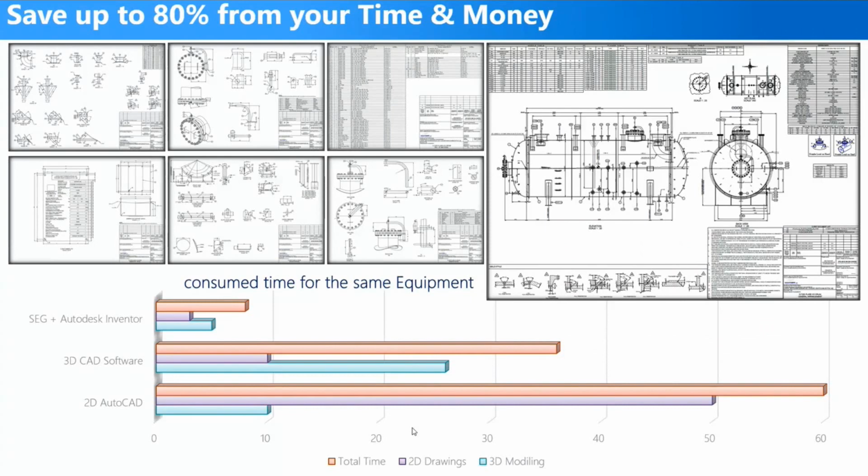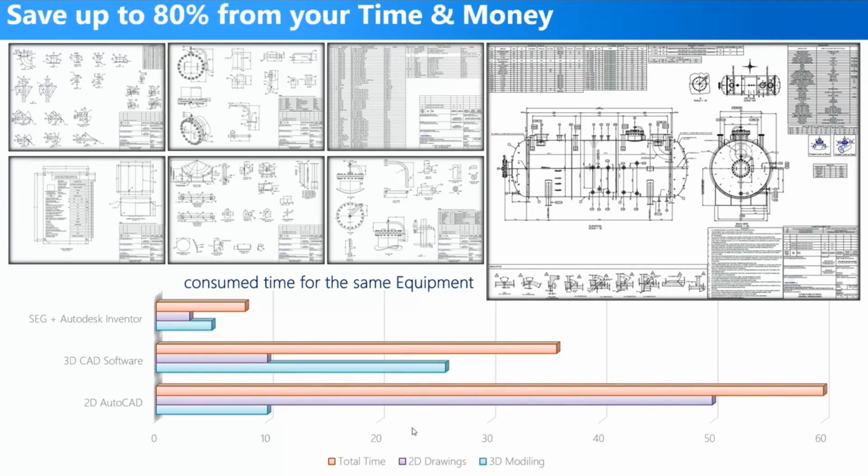From the chart below, you can see that we consumed around 50 hours to generate the general arrangement drawing, a complete and detailed bill of material, and the other detailed drawings for the clean out manway, support saddles, nozzle details, and nameplate.